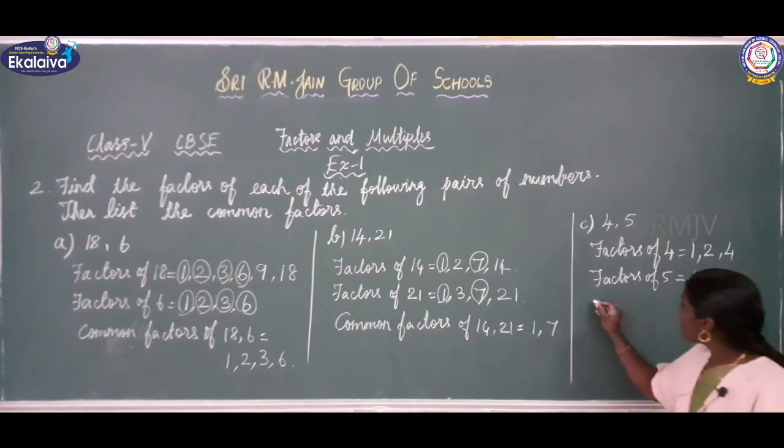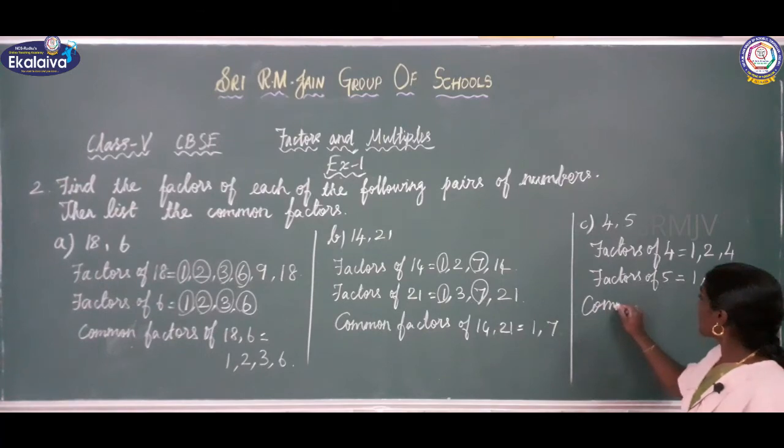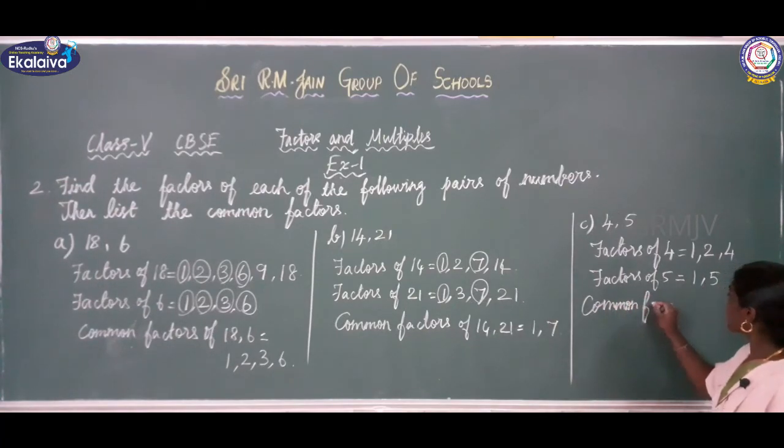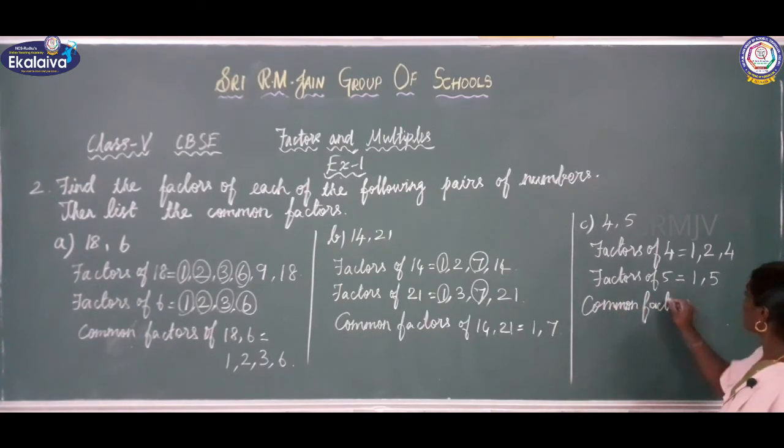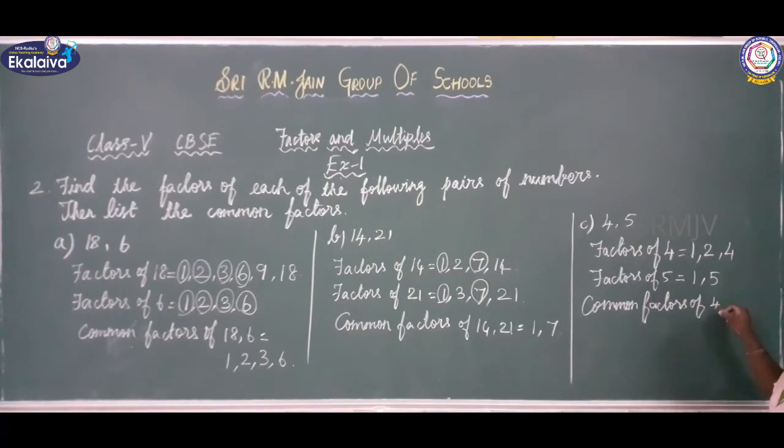Now, common factors of 4 and 5. Here we are having only one common factor. So, the common factor of 4 and 5 is 1 alone. Is it clear, children?